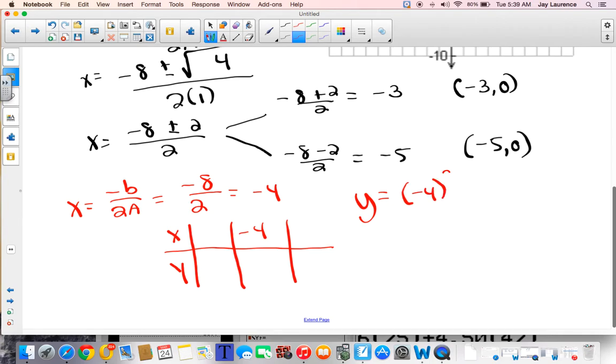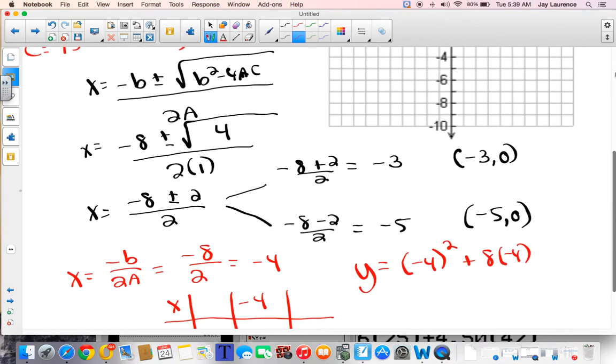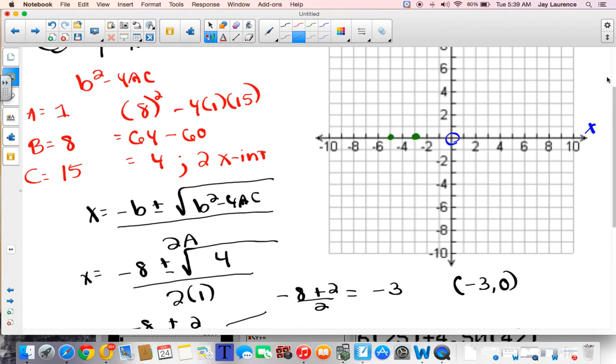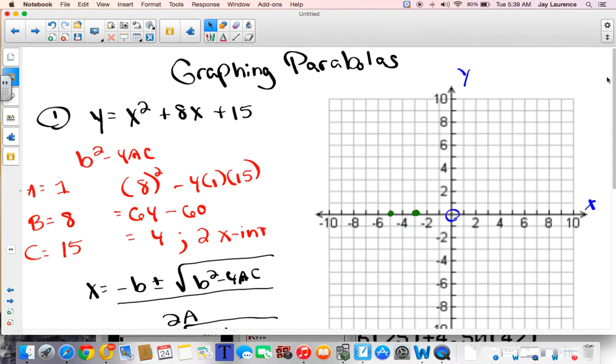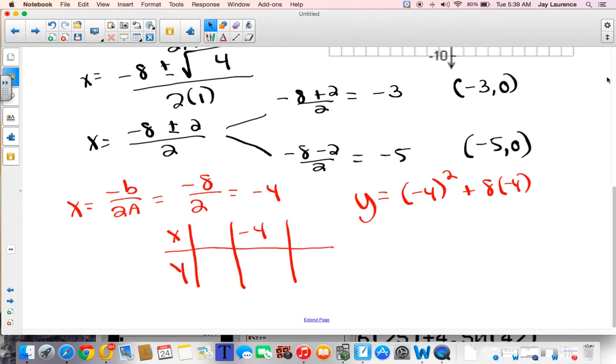So negative 4 squared plus 8 times negative 4 plus 15.